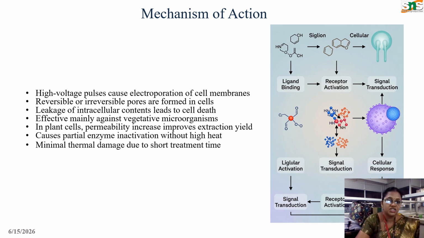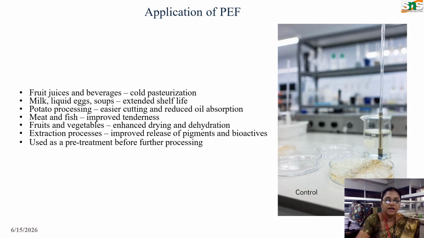It causes partial enzyme inactivation without high heat, and there is minimal thermal damage due to the short treatment time. So this is how the mechanism of action takes place in a PEF treatment.